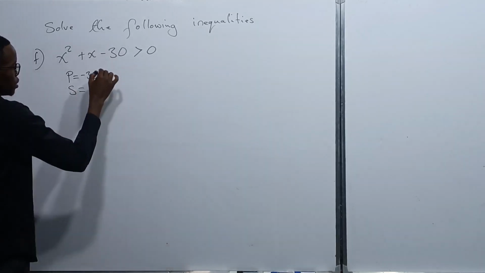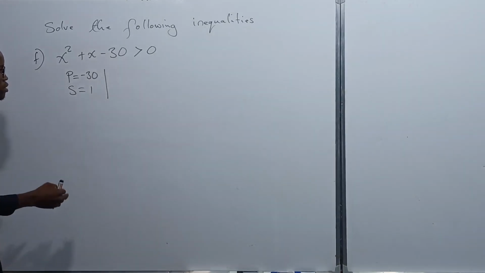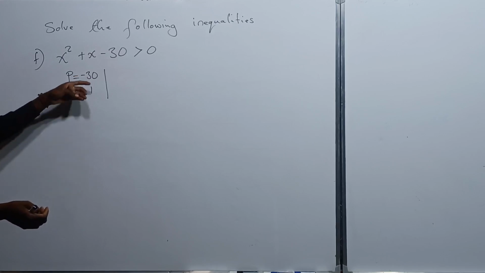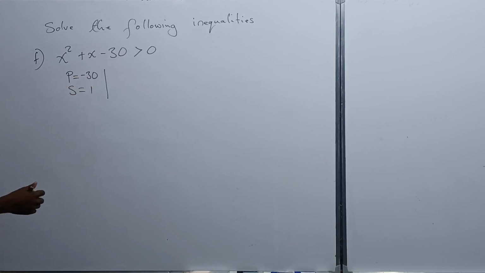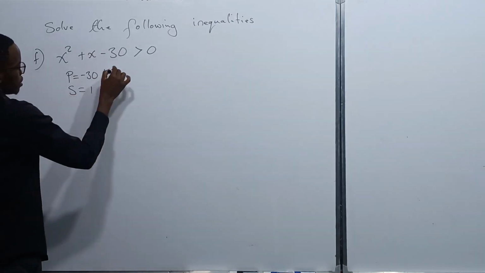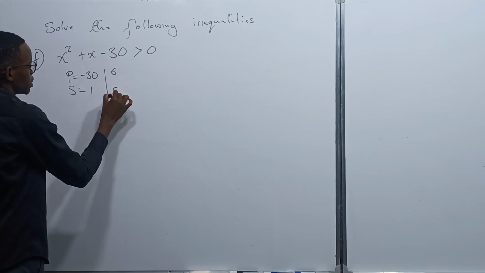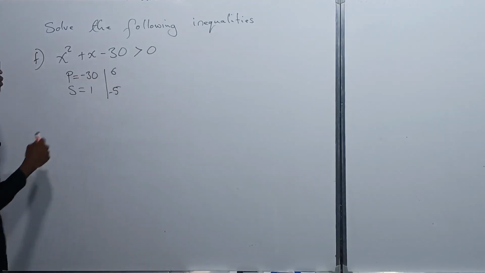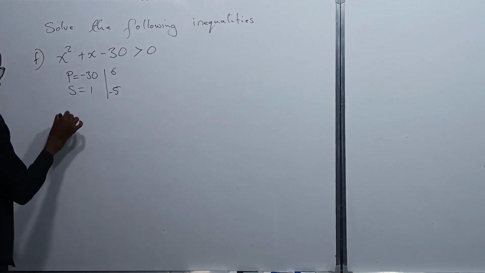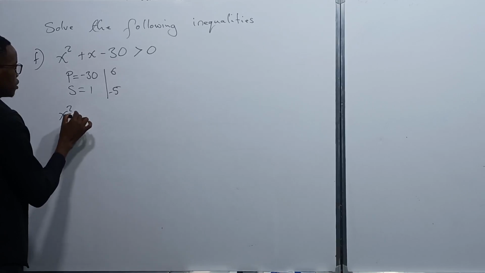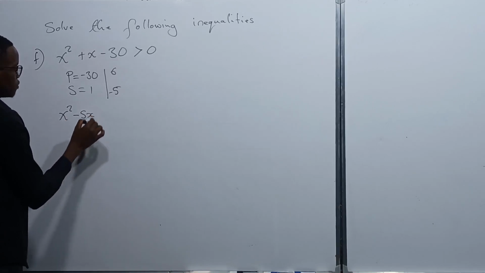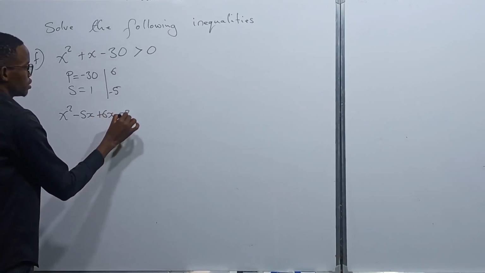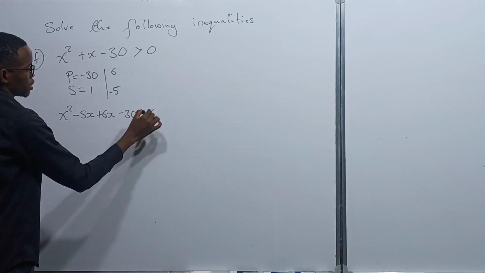So the two numbers that when we multiply we get negative 30, and when we add we get 1, are 6 and negative 5. So now this inequality can be written as x squared minus 5x plus 6x minus 30 greater than 0.